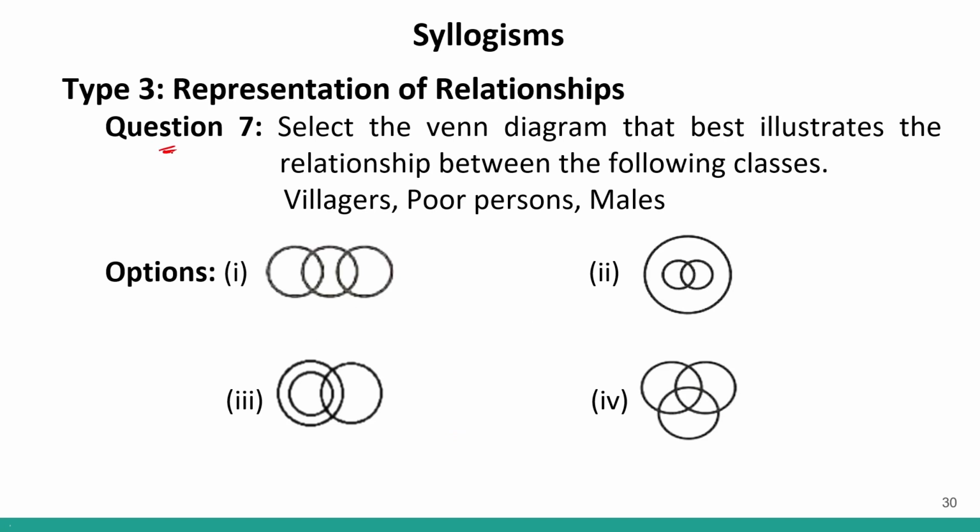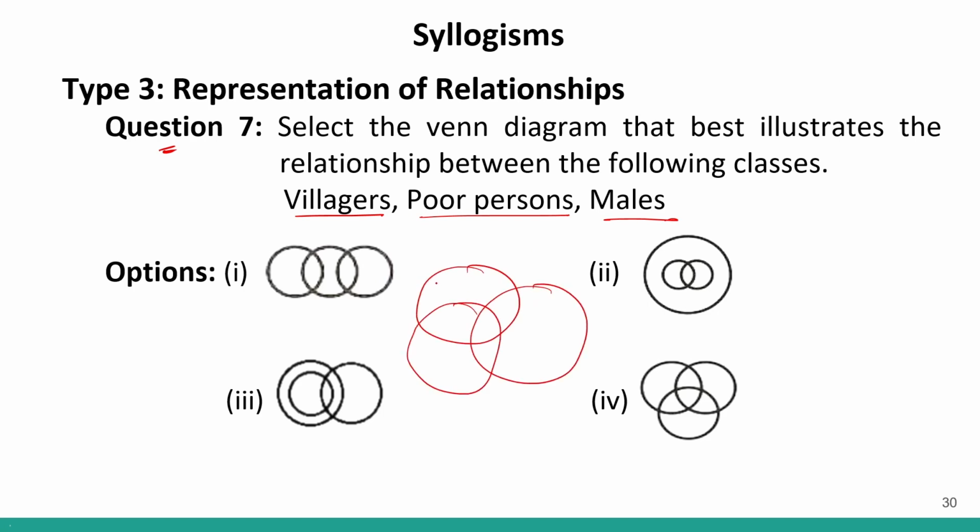Question number 7. Select the Venn diagram that best illustrates the relationship between the following classes: villagers, poor persons and males. Again, same concept. There could be certain villagers that are poor. Not every villager has to be poor.